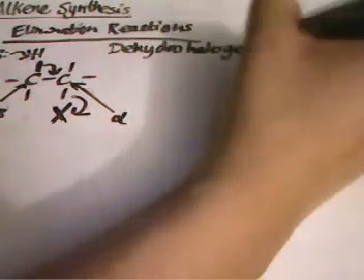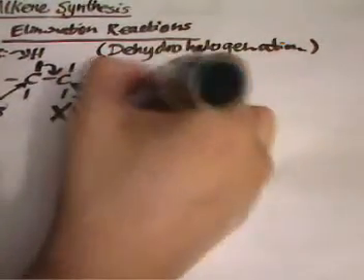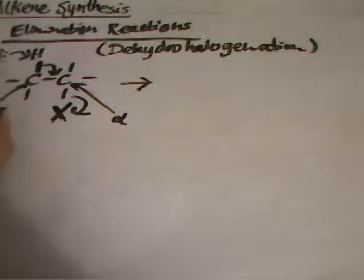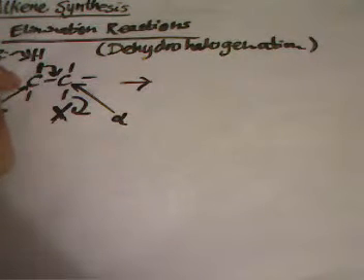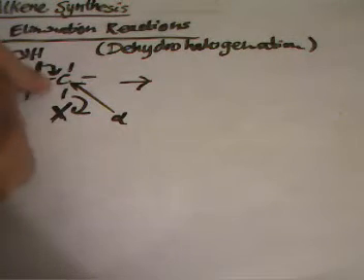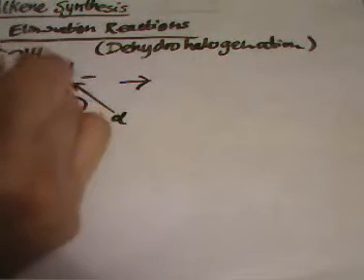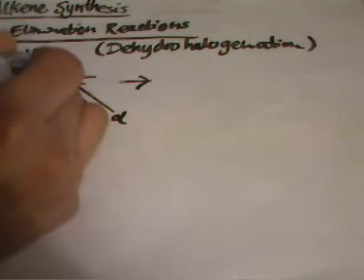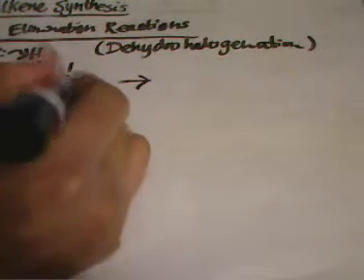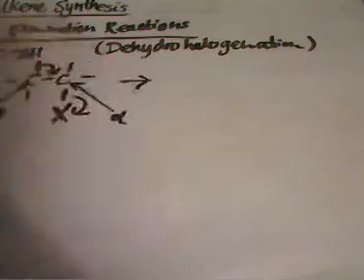So dehydrohalogenation, which is the reaction we just showed, is just a type of elimination reaction. And to review, the base attacks the proton bonded to the carbon adjacent to the carbon holding the X. The electrons in the CH bond move between the two carbons, and the leaving group leaves, taking the CX bond electrons with it.